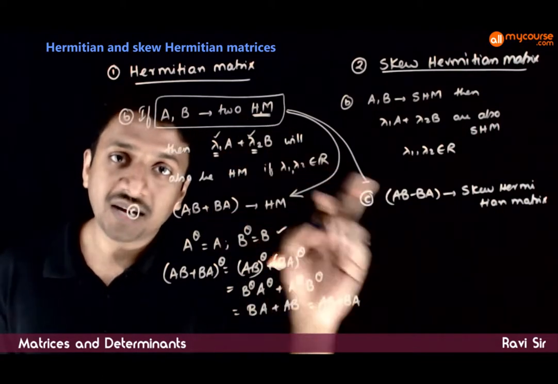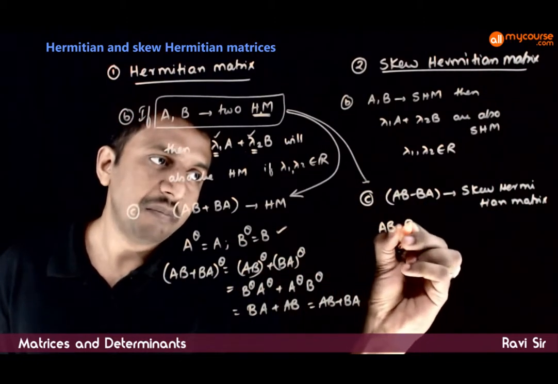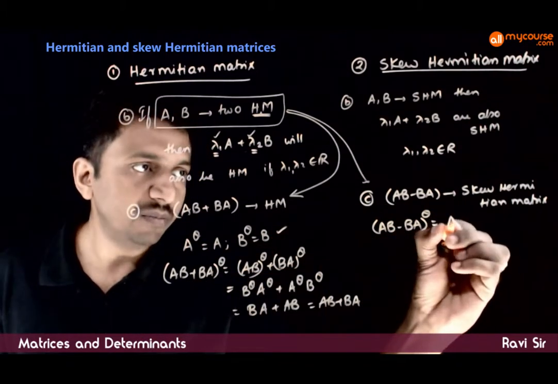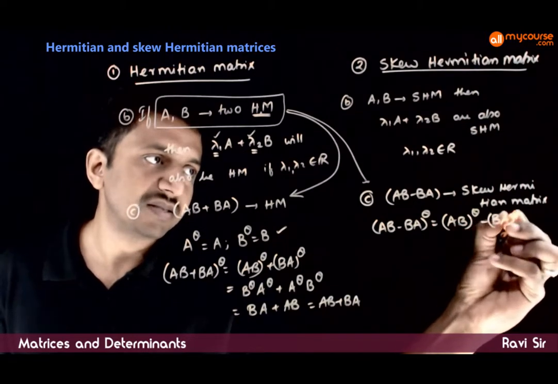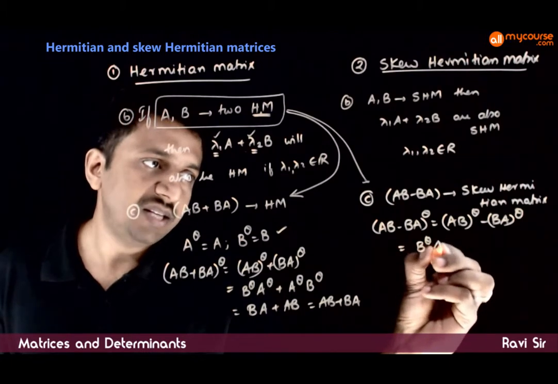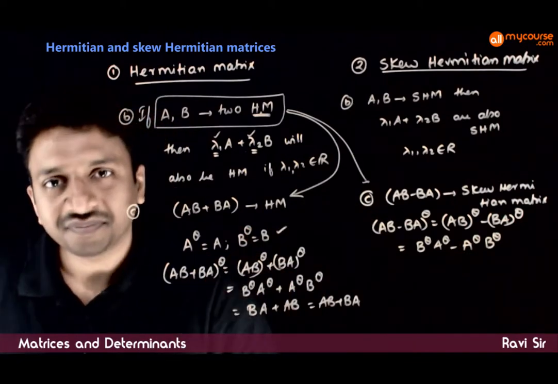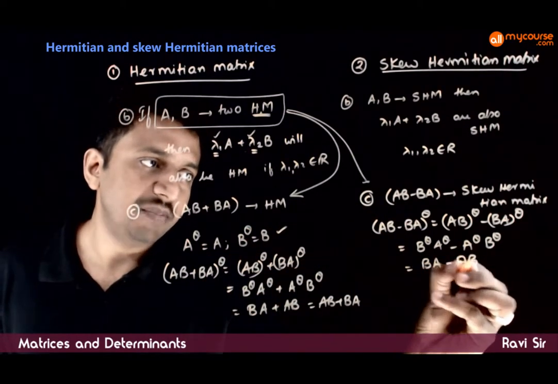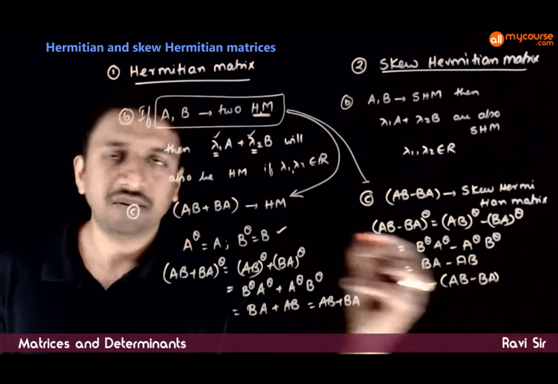Now, if A and B are Hermitian matrices, let us look at this. What is (AB minus BA) whole theta? This is equal to (AB) theta minus (BA) theta. This is equal to B theta A theta minus A theta B theta, which is equal to BA minus AB, which is equal to minus of (AB minus BA).